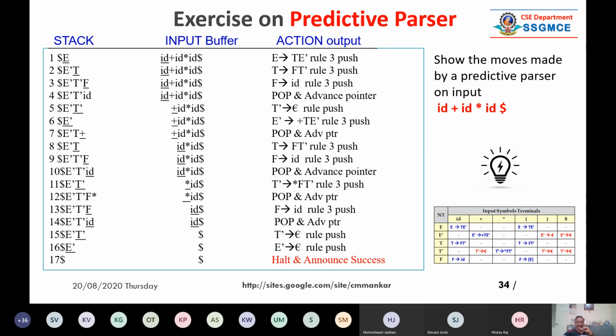This is a slide representing the complete parsing actions from step number 1 to 17. Parsing table is there. And here, halt and successful means that we have consumed all the tokens and there is nothing in the buffer or stack. So this is called consumption of tokens. And it means we have done a successful derivation in a particular order.